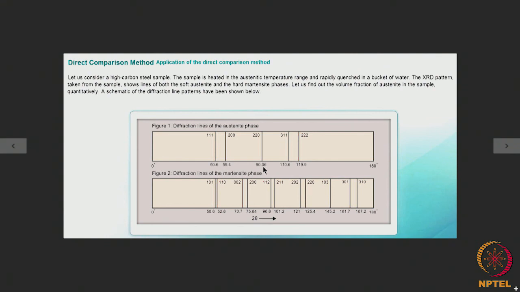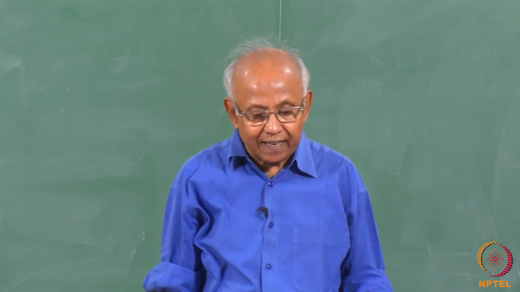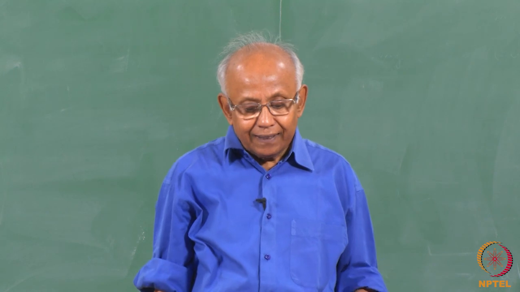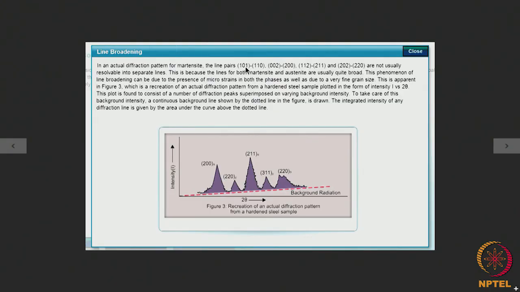and for the 220 line of austenite, the 2 theta is 90.06 degrees. What happens essentially is, when we talk about martensite, the lines 101 and 110 should be shown as separate lines very close to each other. Similarly, 002 and 200 should be seen very close to each other, and 112, 211 and 202, 220 are to be shown very close to each other.